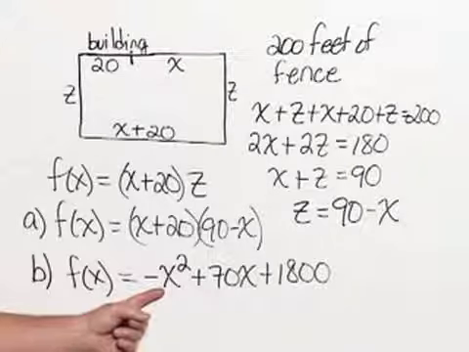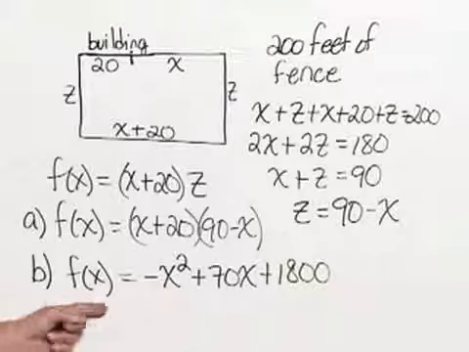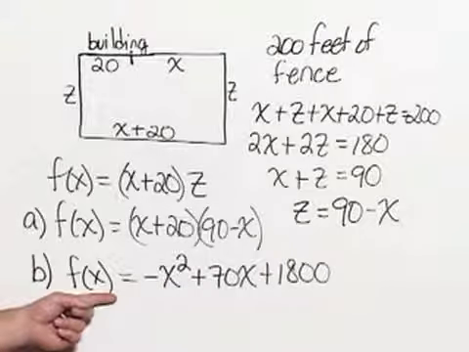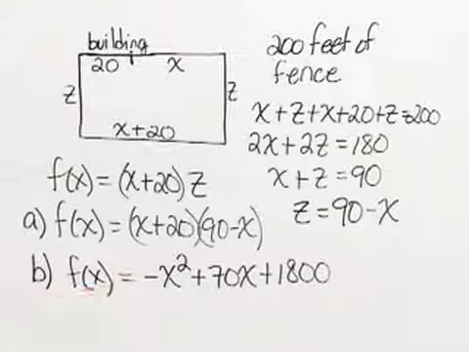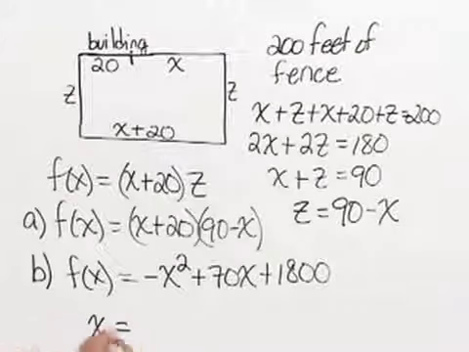This is a parabola. It opens down. Therefore, the maximum value for f of x, which is the area, would occur at its vertex. To find the vertex, we take x. Actually, we don't need the vertex itself. We just need the x value of the vertex.